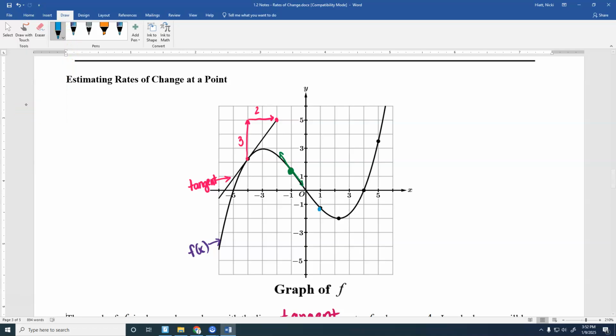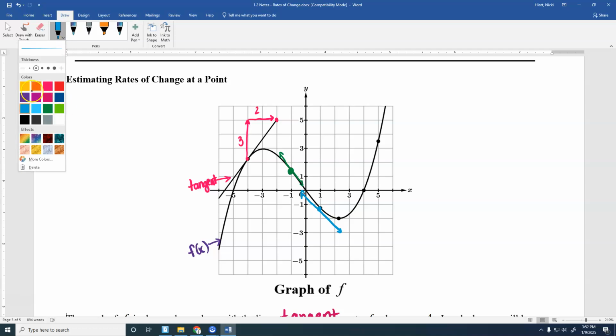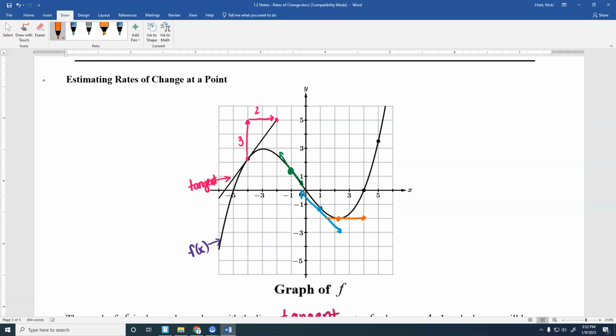This next one is a little bit easier. You're just going to have the line kind of skim the graph like that, just barely touch it. That would be a tangent line at x equals 1. Let's use orange for our next point. This point right here looks like the bottom point. It looks like you would have a horizontal line as your tangent at that point. Over here, at this point, you're definitely going to have a positive slope, like so.